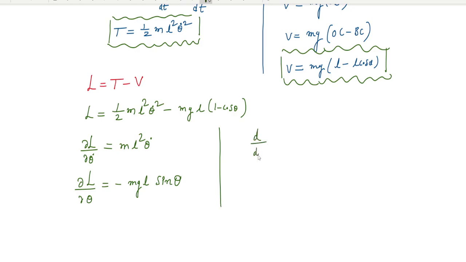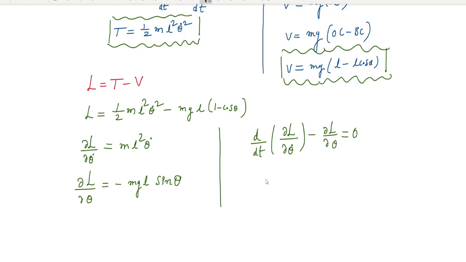Then write down the Lagrange equation: dou by dou t of dou L divided by dou theta dot, our generalized coordinate, minus dou L by dou theta equal to 0.